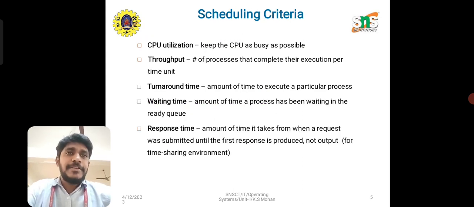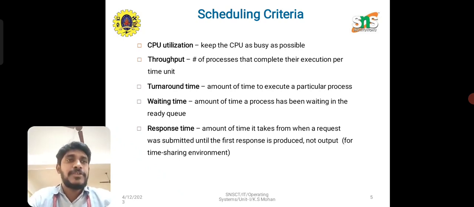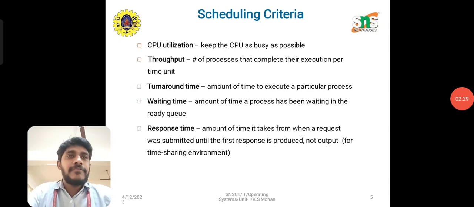The scheduling criteria start with CPU utilization. We have the concepts behind the scheduling criteria: CPU utilization and throughput. CPU utilization means keeping the CPU as busy as possible. Throughput is the number of processes that complete their execution per time unit. Turnaround time is the amount of time to execute a particular process.